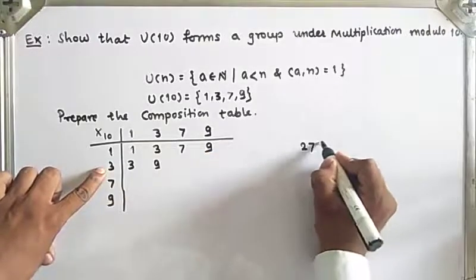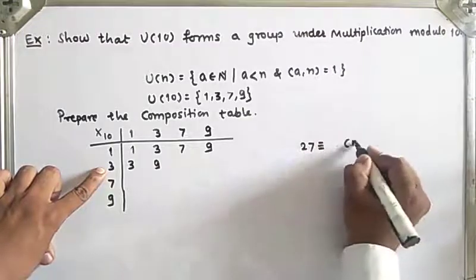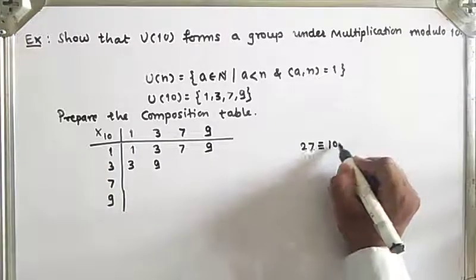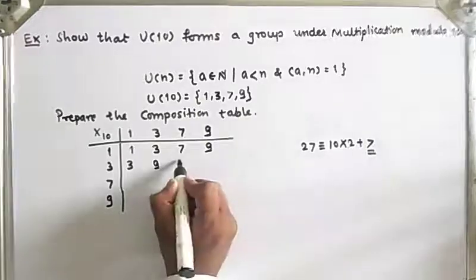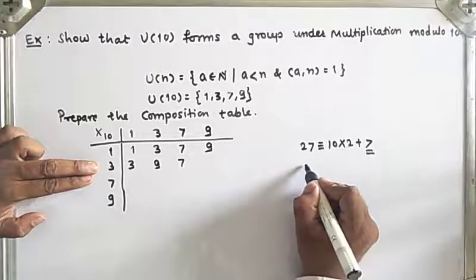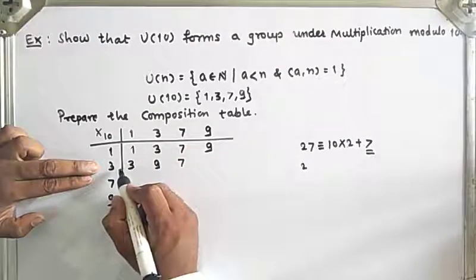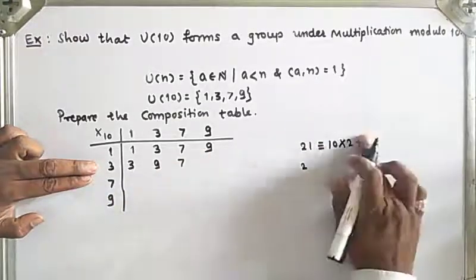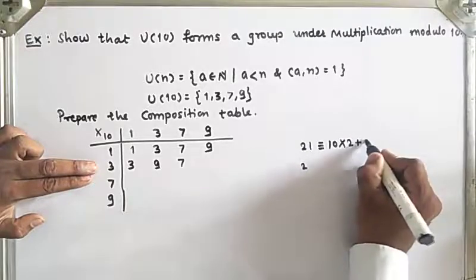Now 21 when divided by 10, what is the remainder? The quotient is 2 and the remainder is 1.